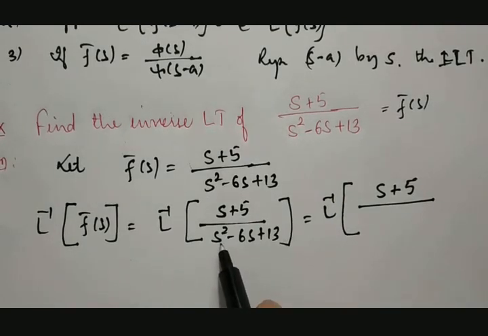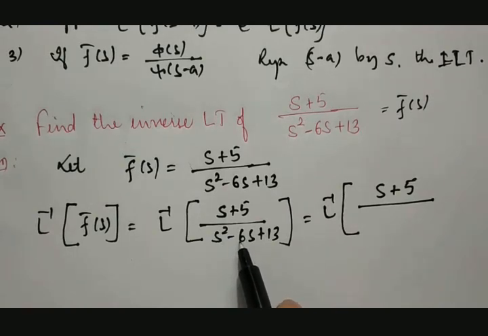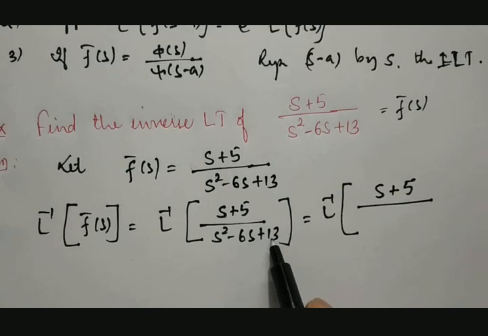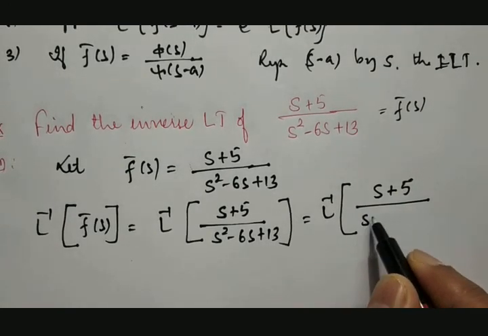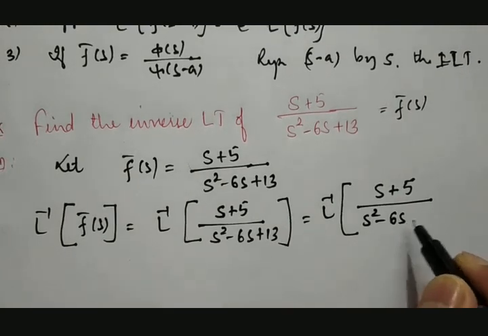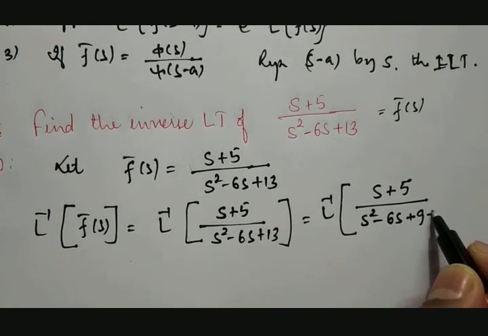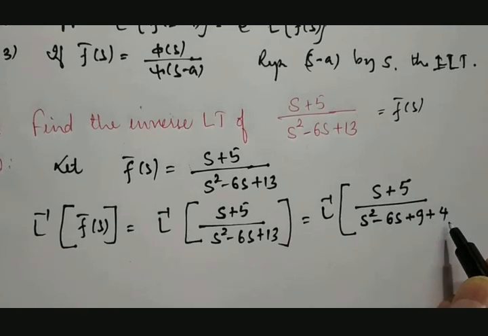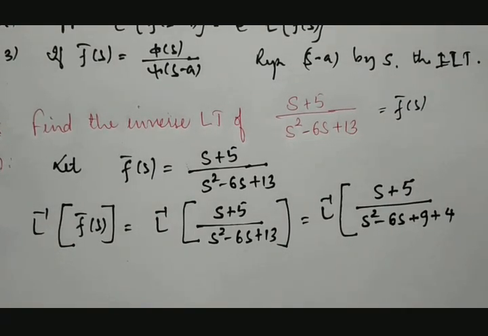Means here if I see s square minus 6s, it is something like a minus b whole square pattern, correct? So 6s means here what I need is 9. So this will be taken as s square minus 6s plus 9, remaining is 4. Fine, remaining is 4.